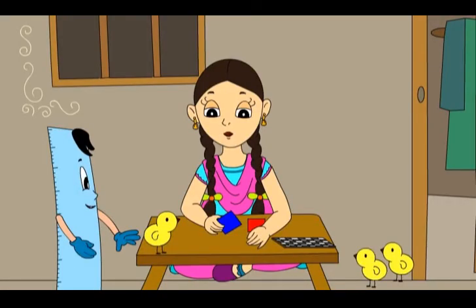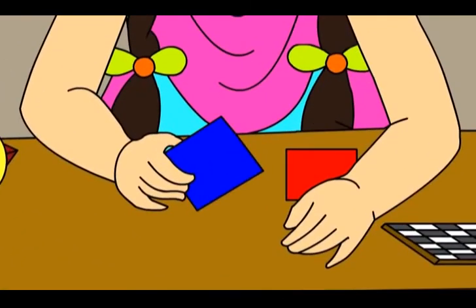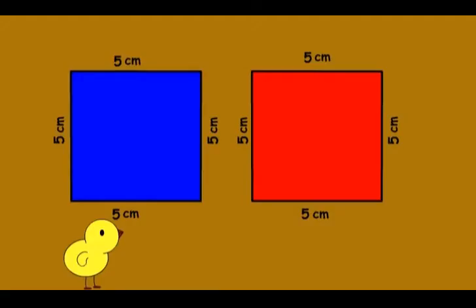Very good, Chick. Look, now I have cut 2 more papers, blue and red. Again, the sides of both the papers are 5 centimeters each, and the length of the boundaries is 20 centimeters.